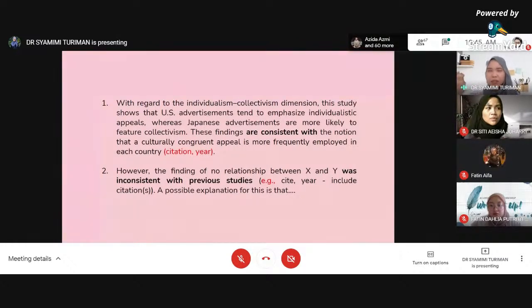present study, or in this study, the participants involved were ESL students in the Malaysian context. So ESL students in the Malaysian context are different from ESL students in other contexts where native speakers are available, for example, right?